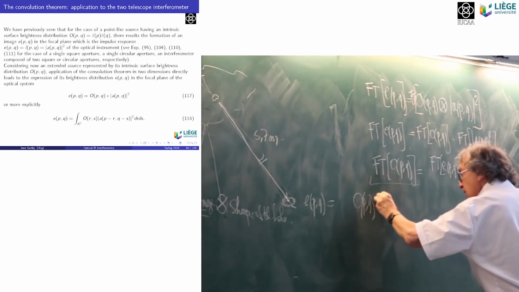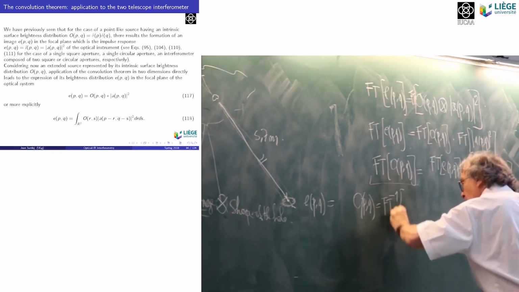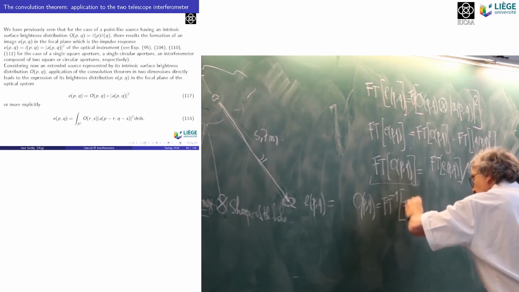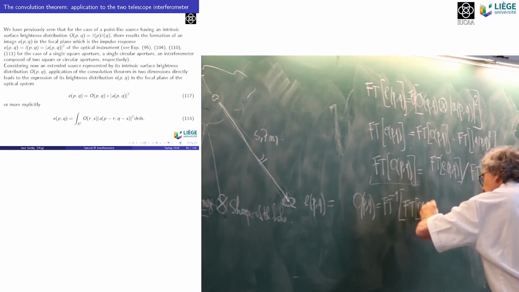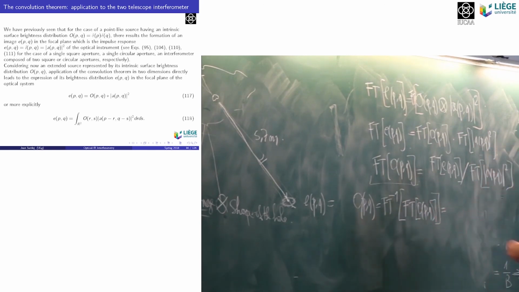So it's equal to the inverse Fourier transform of the Fourier transform of O(p,q), which is equal to the inverse Fourier transform of all of that. So the inverse Fourier transform of the Fourier transform of E(p,q) divided by the Fourier transform of the modulus of A(p,q) squared.